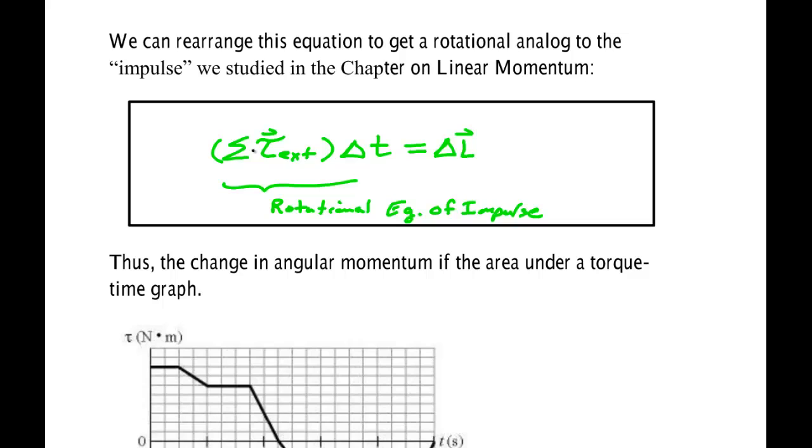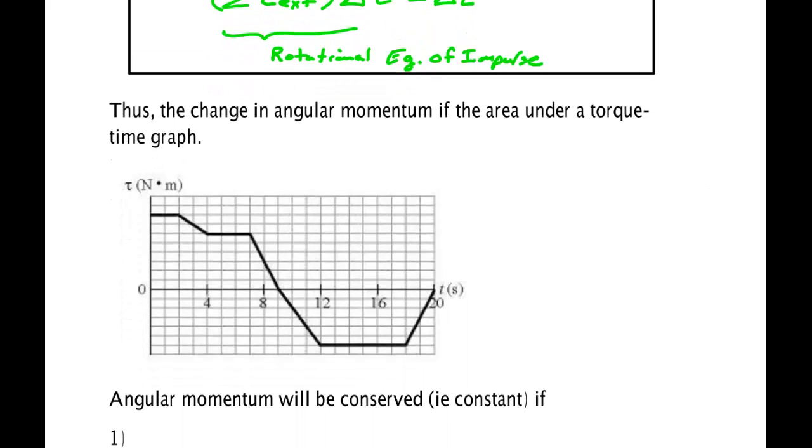In general, this torque could be changing, and if it is changing, what this means is it's the area under a torque time graph. So the change in angular momentum in general will not be a rectangle, base times height. It'll be some more complicated shape, and what you're really looking for is the area under the curve.